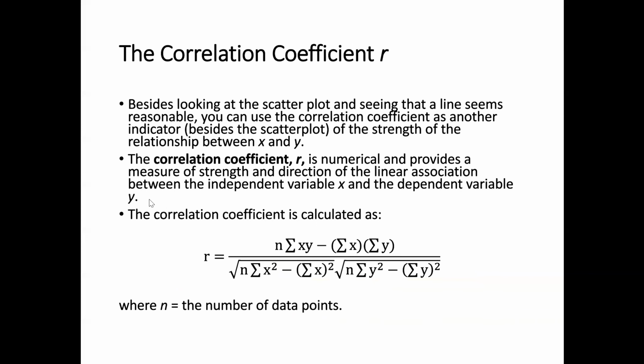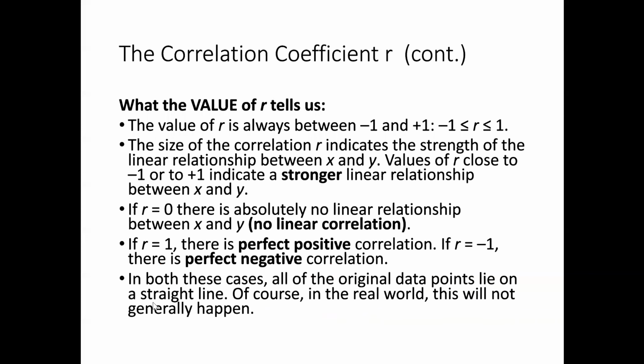So what does the correlation coefficient mean? Well, the correlation coefficient can range from -1 to +1. The closer it is to -1 or +1, the better the linear relationship, the better that your regression equation can predict. So the closer it is to 1 or -1, the better you are as far as your regression equation goes.